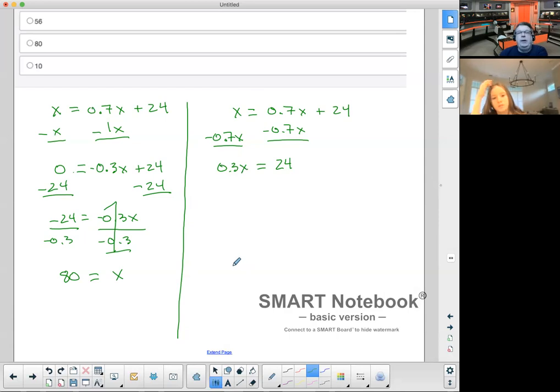Yeah. Okay. And then since 0.3 is being multiplied by x, I undo the multiplication using the inverse operation, division. And then these cancel because they equal 1. And I get x equal to 80.